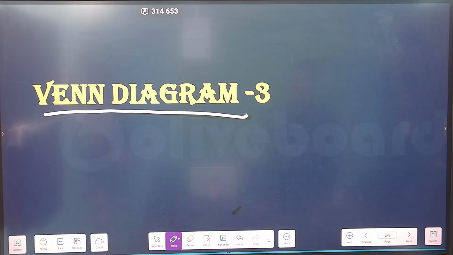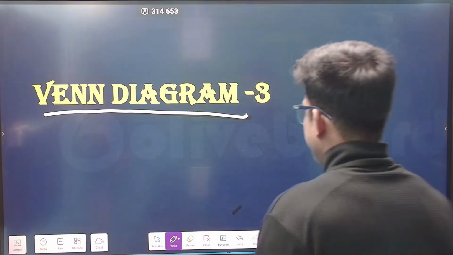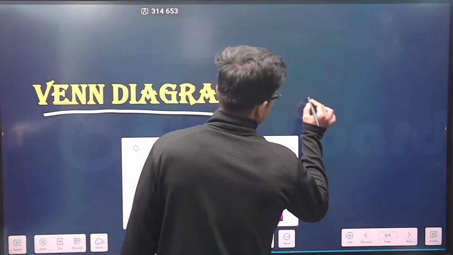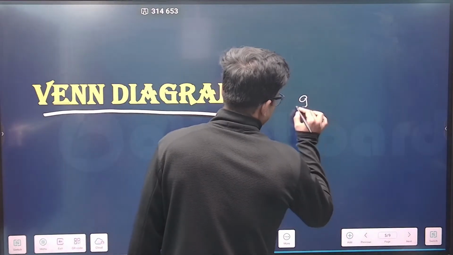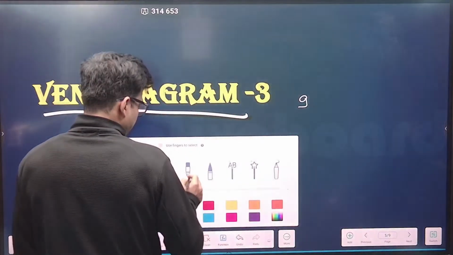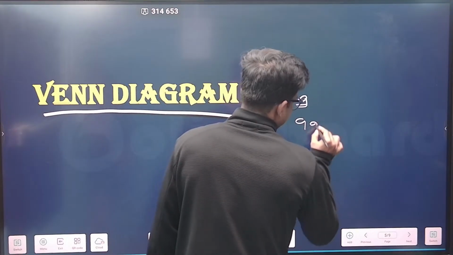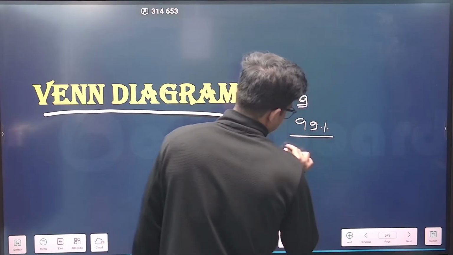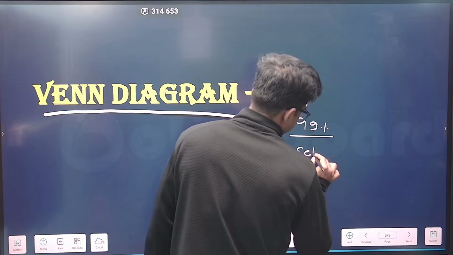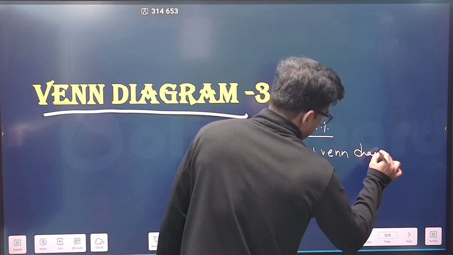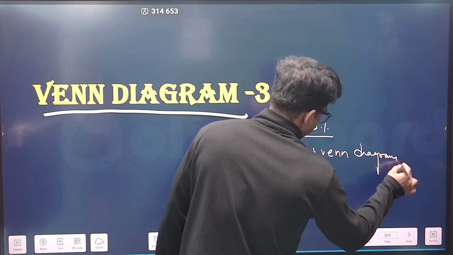As I said in yesterday's class, almost 99% of the questions are from the 3-set Venn diagram. I have said this many times. The basic part is that you need to understand.